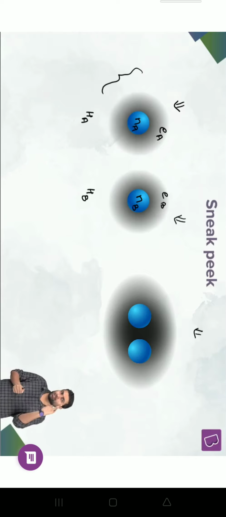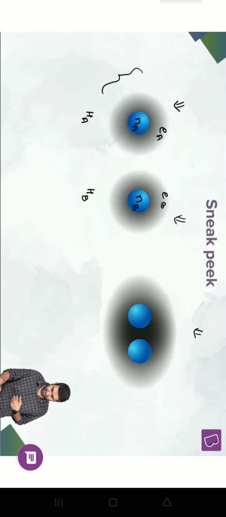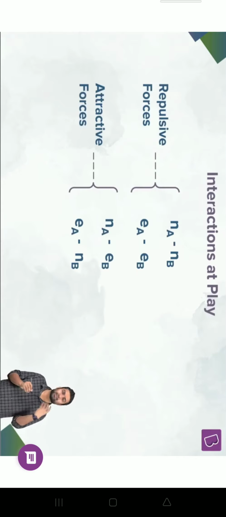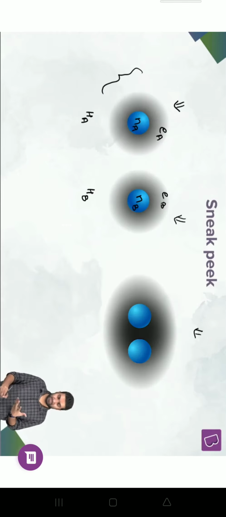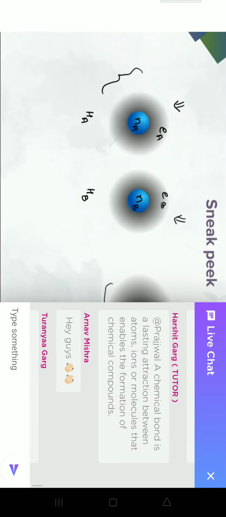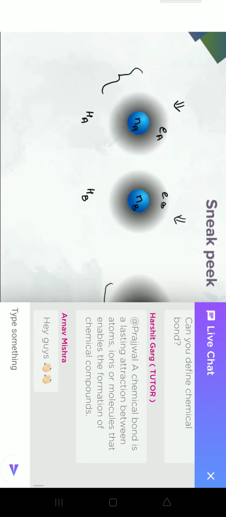So there are actually two types of forces at play here. One is the repulsive forces between the two nuclei and between the two electrons, and the other is the attractive forces between the nucleus of one and the electron of the other, and similarly the nucleus of the other and the electron of the first. Now it turns out that in this particular case there is a net attractive force.